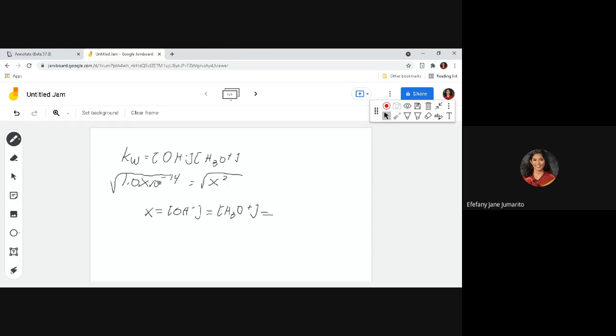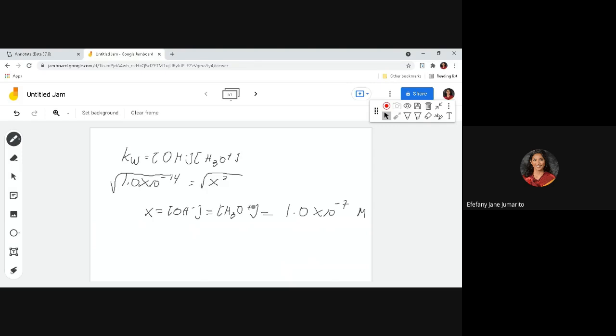Then that will be the square root of 1.0 times 10 to the negative 14, which is 1.0 times 10 to the negative 7. So your OH is equal to 1.0 times 10 to the negative 7, and then your hydronium ion will be 1.0 times 10 to the negative 7. That's for the autoionization of water.